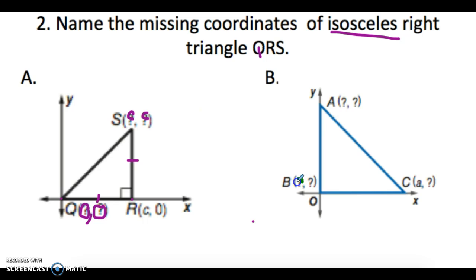It's at 0, 0, correct? Okay, what's C? So C is at A. What's the y coordinate here? 0. It's on the x-axis, so the y coordinate is 0.